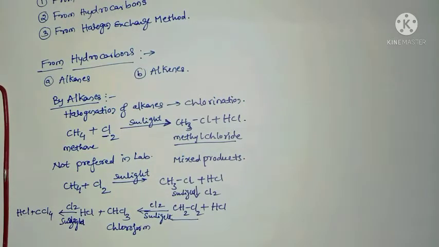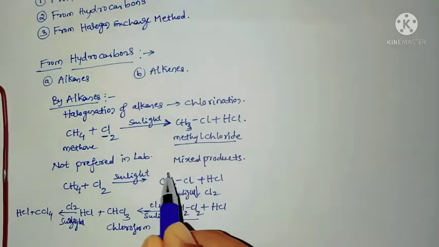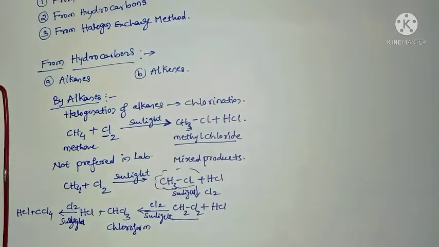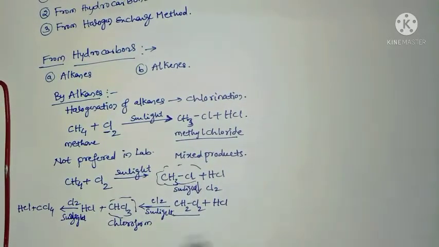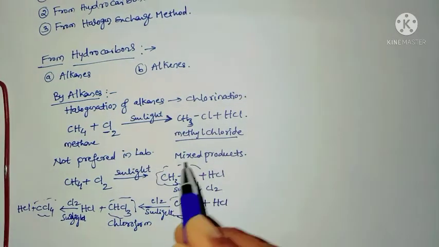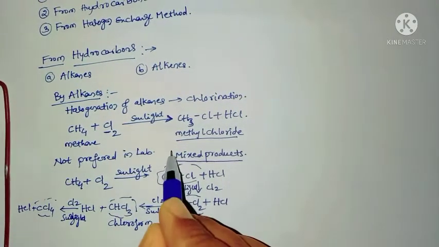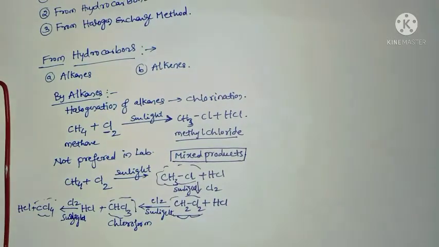So in this reaction we get mixed products: methyl chloride, methylene chloride, chloroform, and CCl4. This is a continuous reaction, so we get mixed products, and it is not prepared in the laboratory.